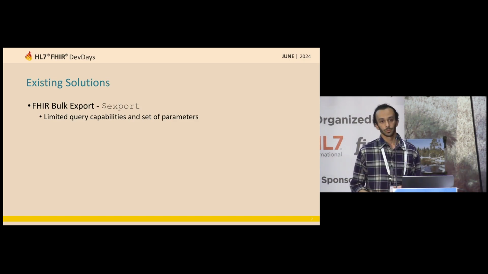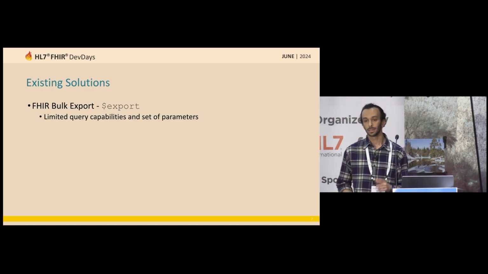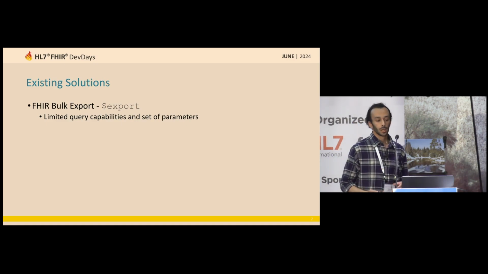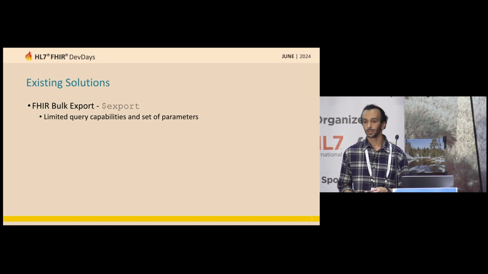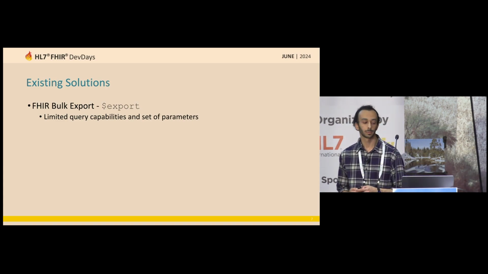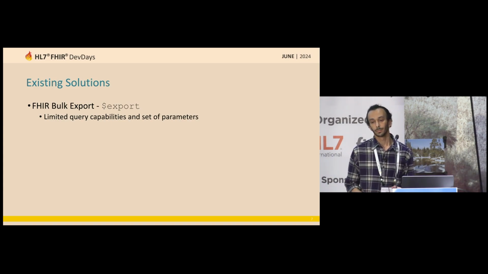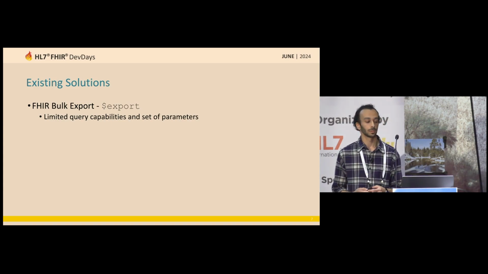There's a since parameter, and there's a type parameter, which allows you to filter on the resource types. I know there's also the type filter parameter, which is an experimental one, which allows you to specify some sort of search query, but the problem is it's still not fully powerful.